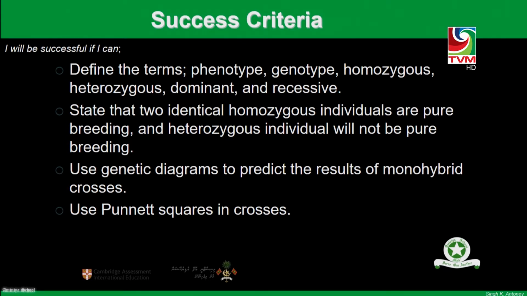You are supposed to know how to state that two identical homozygous individuals are pure breeding, and a heterozygous individual will not be pure breeding. And you should be familiar with using genetic diagrams to predict the results of monohybrid crosses. As we learn with the genetic diagrams, we will also learn how to use Punnett squares.